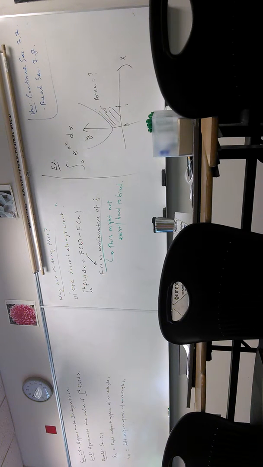So if I look at this formula, let's see if this makes sense to you. We say that the midpoint rule is given by this formula. Let me write that down.